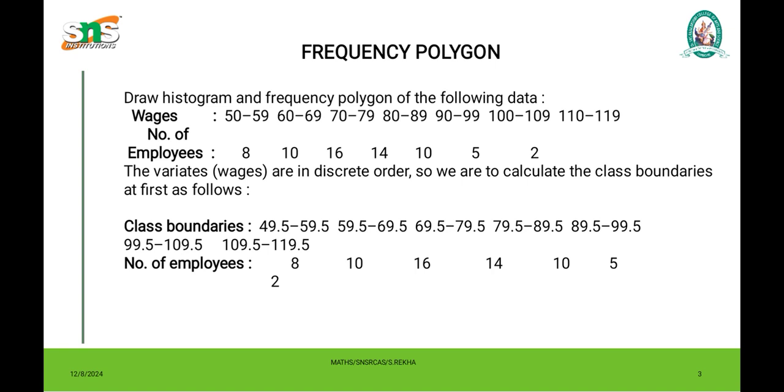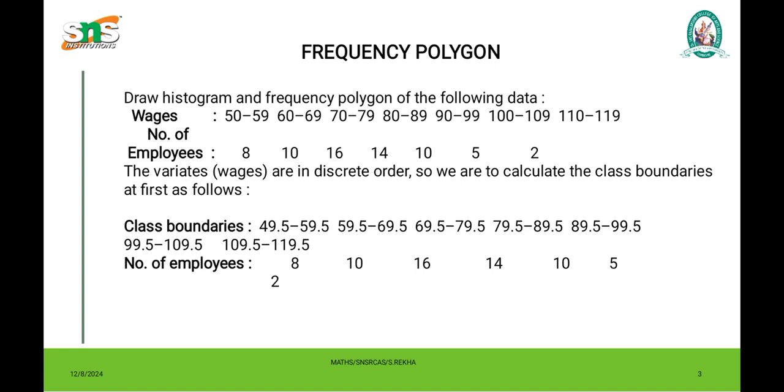If you notice this problem, it is not a continuous interval. We have to change the points to a continuous interval. 50 to 59 has a break before 60 to 69. So we have to reduce 0.5 from 50 and add 0.5 to 59.